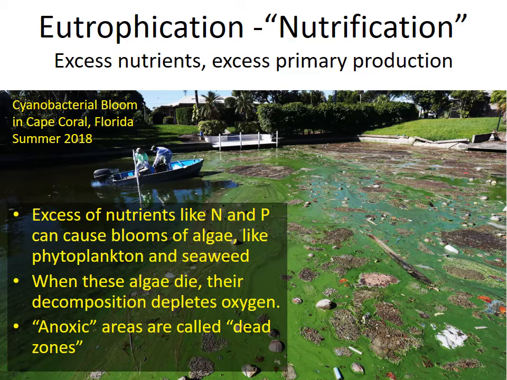So primary producers like phytoplankton and seaweed become extremely abundant in these eutrophic conditions due to this sort of unlimited supply of nutrients. And then all of this biomass of algae and seaweed dies and decomposes, depleting oxygen and leaving these oxygen depleted zones called anoxic zones or dead zones.